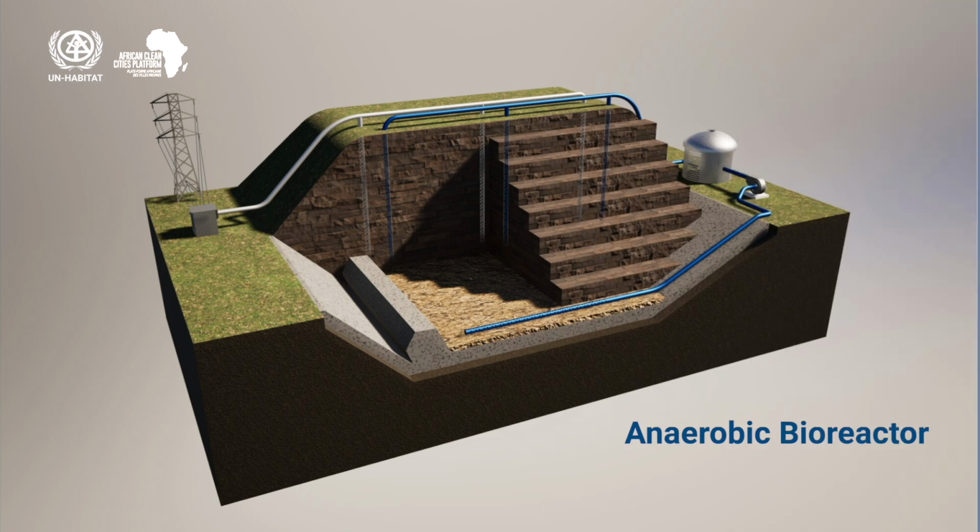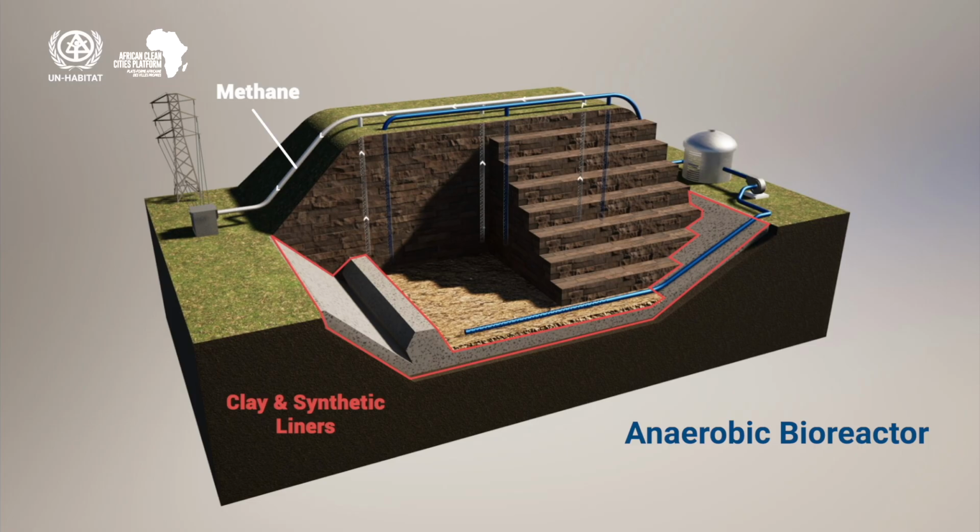Designed to optimize methane production, these landfills are sealed with clay and synthetic liners. This is to prevent oxygen entry into the landfill and uncontrolled migration of methane gas out of the site and groundwater contamination from leachate. Pipes extract methane for electricity production or flaring. Leachate is recirculated to maintain optimal moisture levels in the waste to sustain bacterial decomposition.